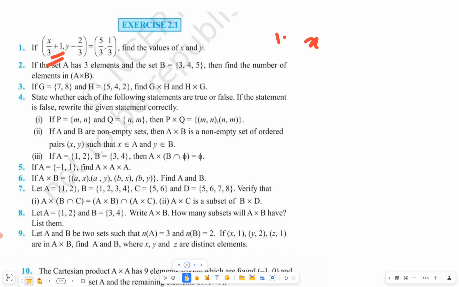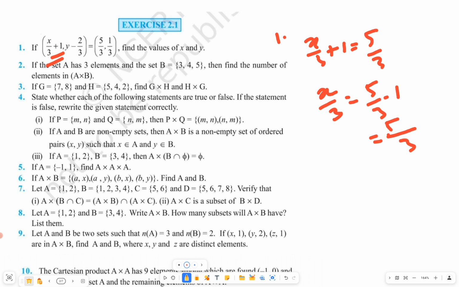Number 1, x by 3 plus 1 equal to 5 by 3. x by 3 equal to 5 by 3 minus 1. That is (5 minus 3) by 3 equal to 2 by 3. x by 3 equal to 2 by 3, 3 cancels, x equal to 2.